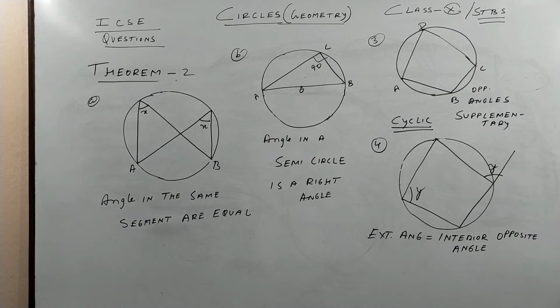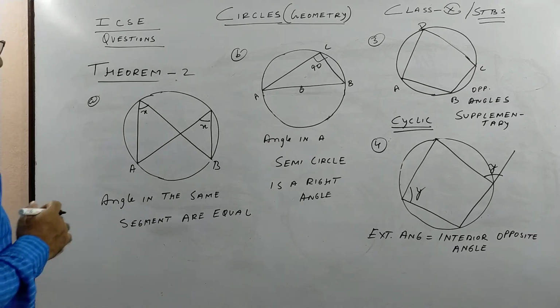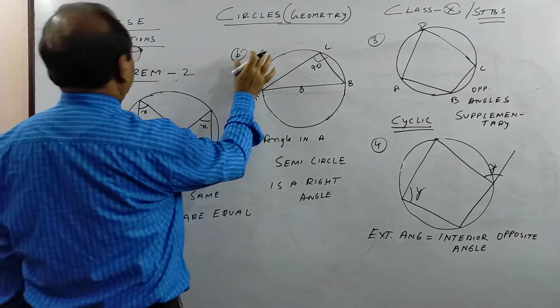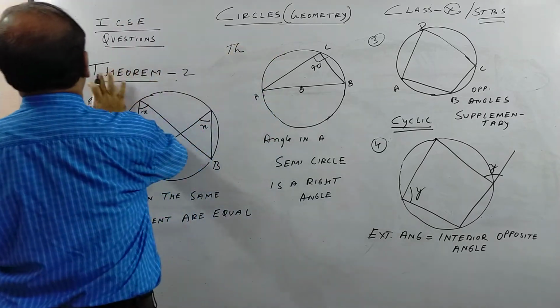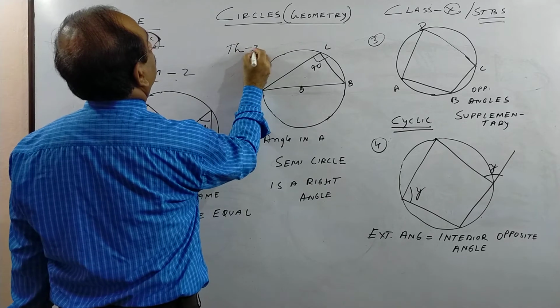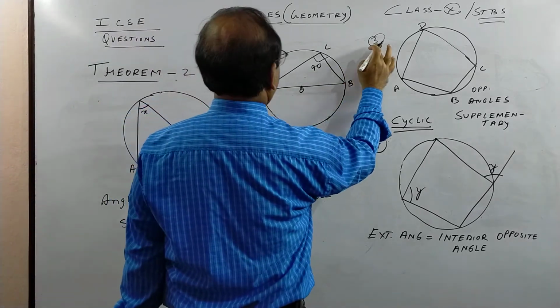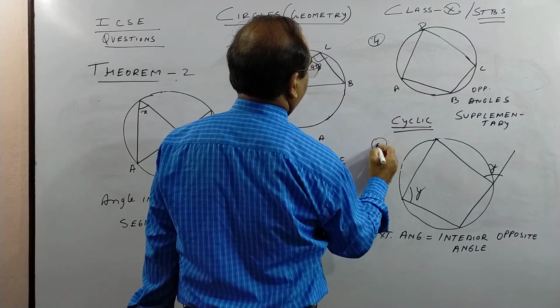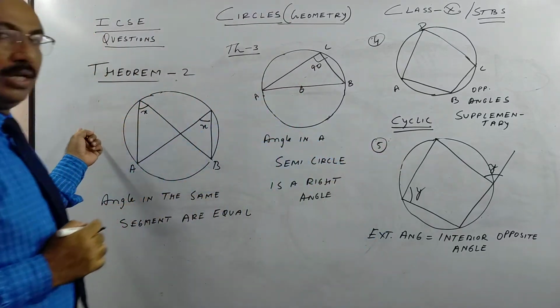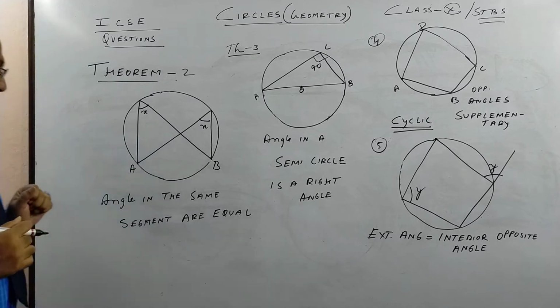Next we move on to 4 very important theorems, children. So this is theorem 2, this is our theorem 3, this is 4, and this is 5, because 1 I have already told you. So this is the second. What happens?